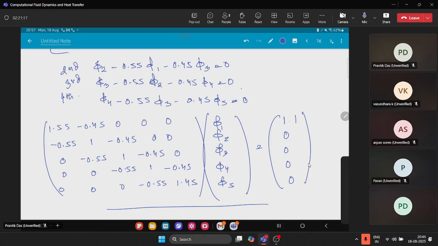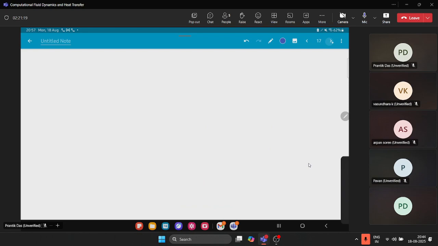So the analytical solution of this convection diffusion problem actually comes out to be (phi minus phi a) divided by (phi b minus phi a) equals (exponential of rho u x divided by gamma, minus 1) divided by (exponential of rho u L divided by gamma, minus 1).